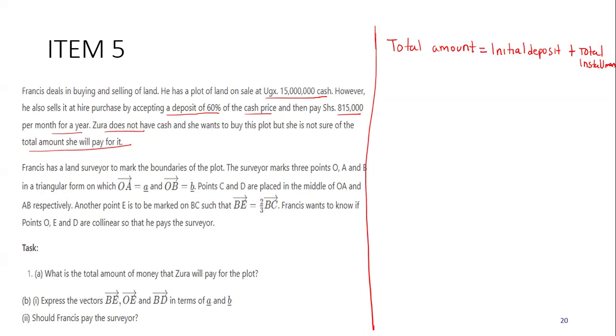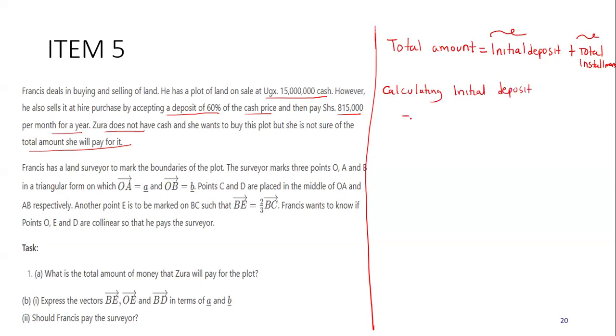Now, when you are calculating, to avoid losing marks at once, I've told you that for anything that involves two different parts, first work them out in parts before you combine your total answer. So I'm going to say calculating initial deposit.